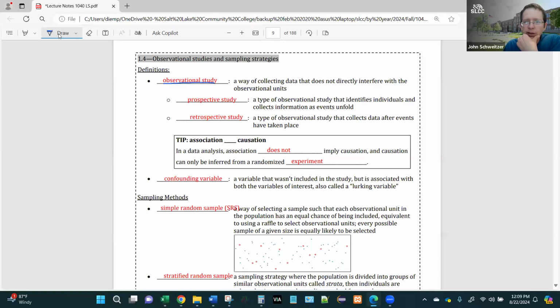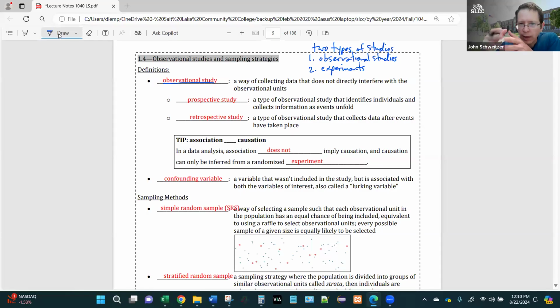Okay, so there's basically two types of studies. Roughly speaking, in statistics, there are observational studies, and there are experiments. Okay, so an observational study would be like conducting one of these polls about voting, right?